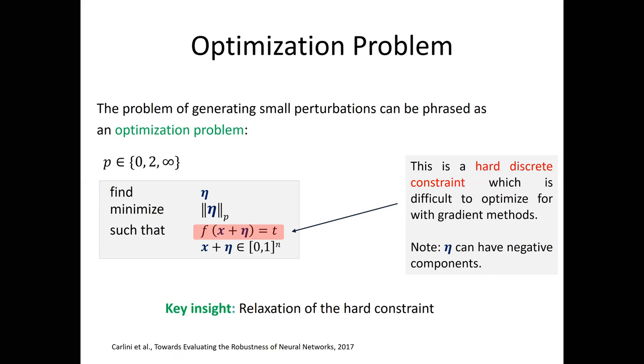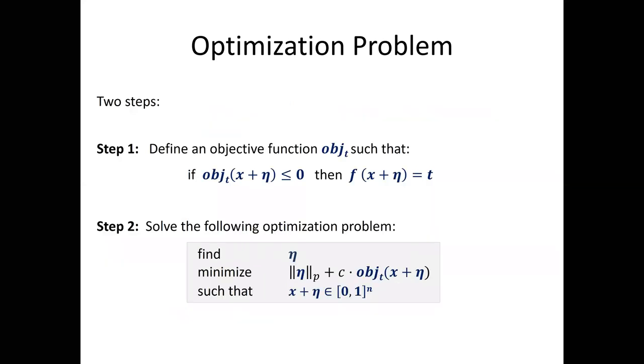Okay. So let's take a look at what happens here. What are we going to do? So we have the optimization problem. That constraint, f of x plus eta equal to t, is hard to optimize for. So what we'd like to do is replace it with a softer objective.